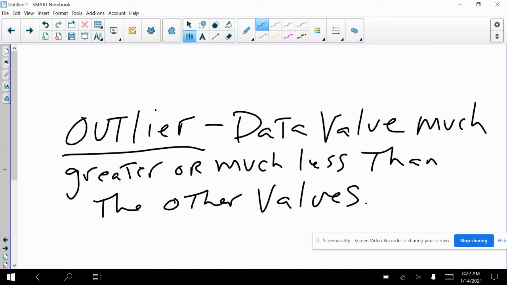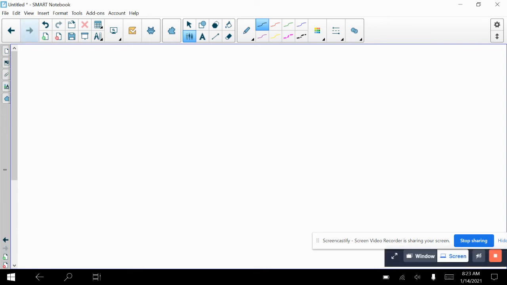What's going to happen to your average? It's going to drop. That's correct. It's going to get a little smaller, right? And vice versa, all of your small data at the beginning, and then all of a sudden you study and you get the 95, what's going to happen to your mean? It's going to go up. Okay, you have to understand this because it's going to affect it. And you're going to have to find out both. And I'll show you where most of the children in the past have made their boo-boo. All right, so here's our data. Here's our data set.